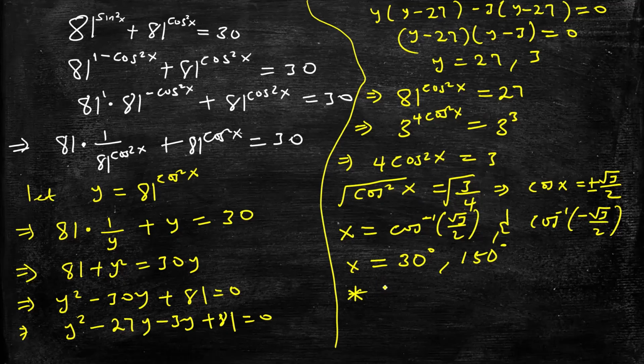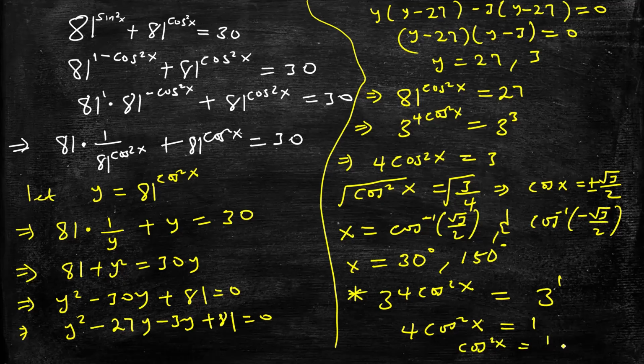So let's write this 3 to the power 4 cos squared x, the same as 3 to the power 1. Therefore 4 cos squared x equals 1, so cos squared x is 1 on 4.